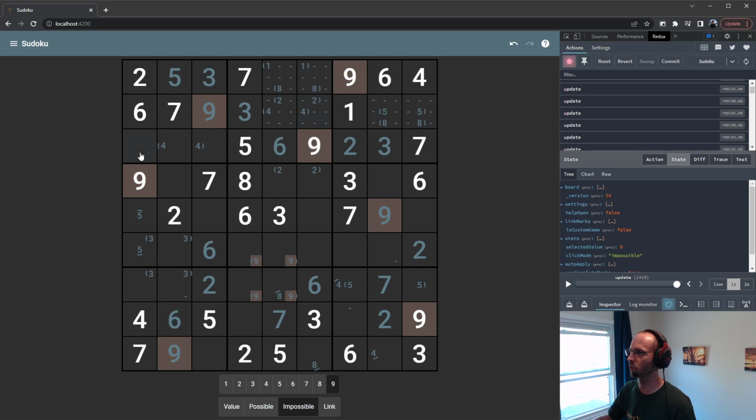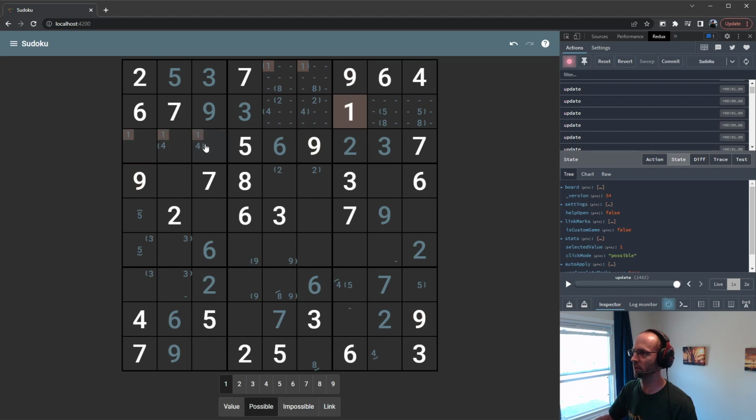Okay, so this is 1, 4, 8 goes in here. 4 is restricted. The 1 and 8 are not. So the 1 and 8 could go in all 3 of those cells. And now the rest are impossible.